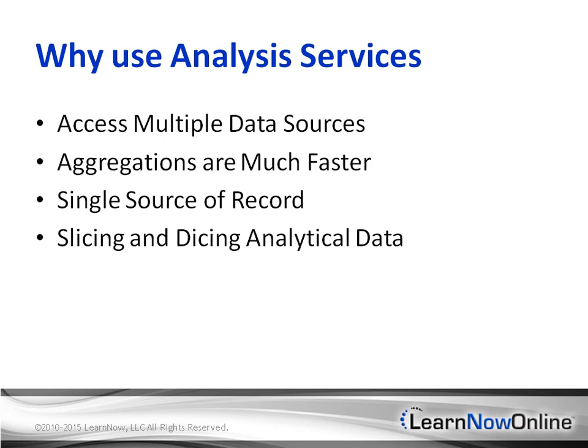A user might get to the point in a report where he or she wants a different business entity to drill through. Instead of creating a new report, Analysis Services will provide the dimensions and the attributes along with hierarchies to slice and dice.